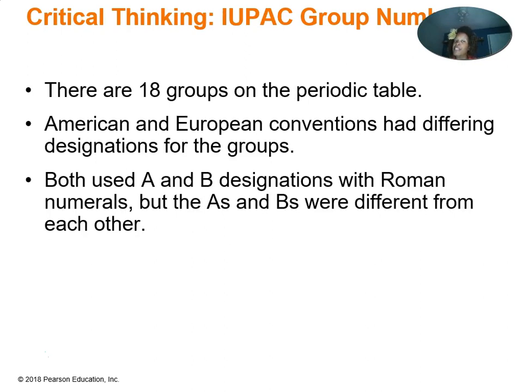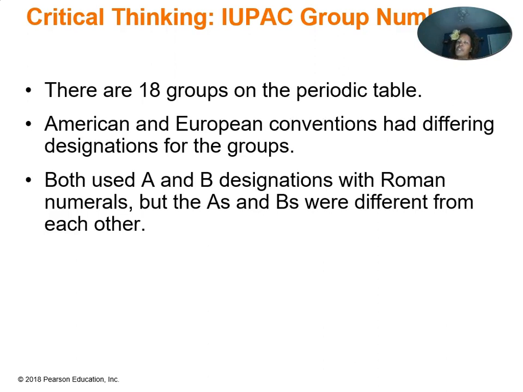Now, there are 18 groups, as I noted before, but there are two different ways in which the periodic table is referred to. There's the IUPAC, and sometimes you will hear that name, but that's in order to differentiate the groups. You'll see where you'll have both A and B designations with Roman numerals, but if you see that, do not get discouraged by looking at that wondering, what does this mean?